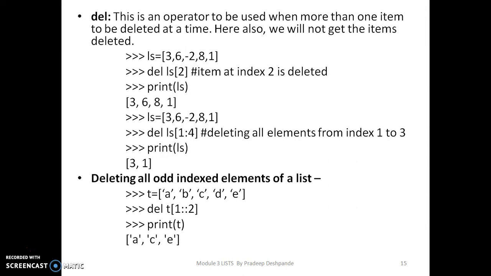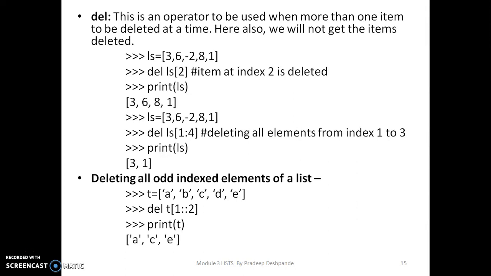If you want to delete all the odd indexed elements of a list, you can use the del function, like del t of 1 colon colon 2. That is, 2 stands for the step. It will remove one element from the first position, and from there it will remove the alternate elements, taking 2 steps.